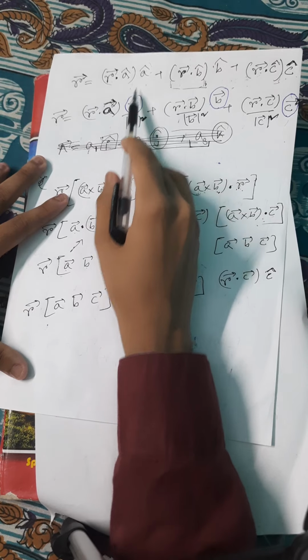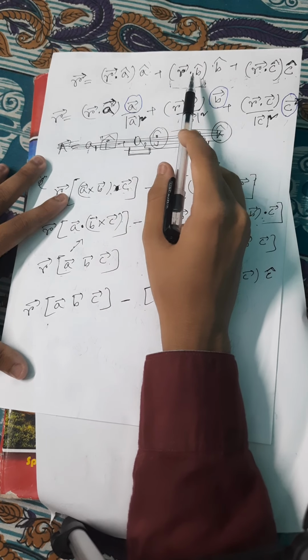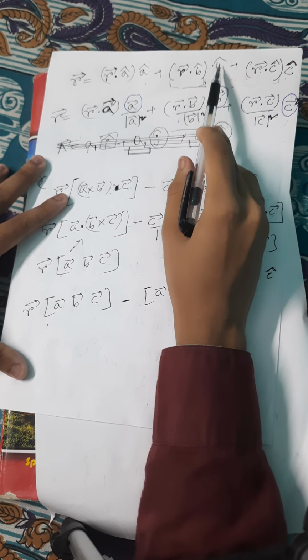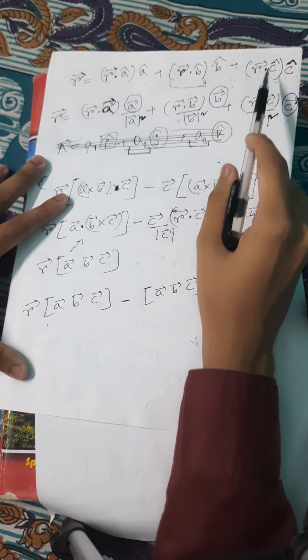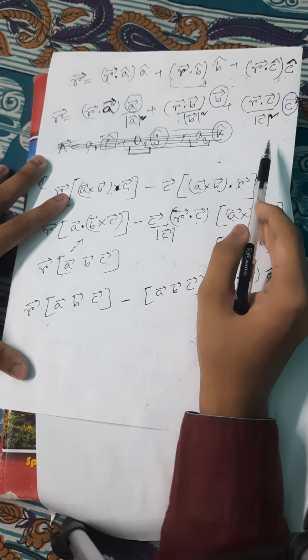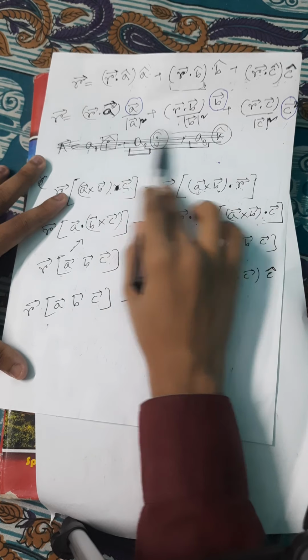A vector by mod A vector by mod A, B vector by mod B vector by mod B, C vector by mod C vector by mod C. So mod C square.